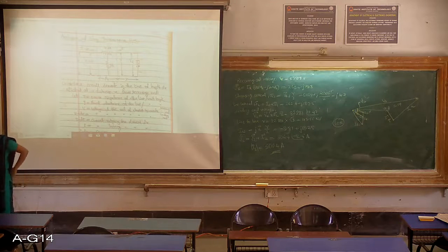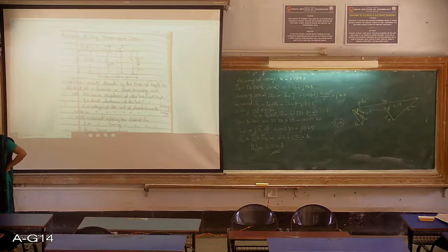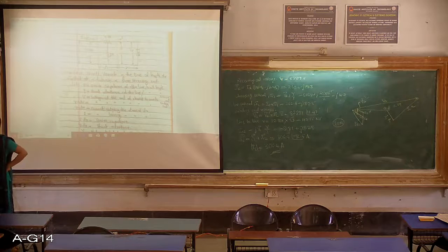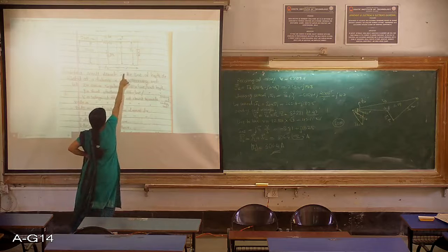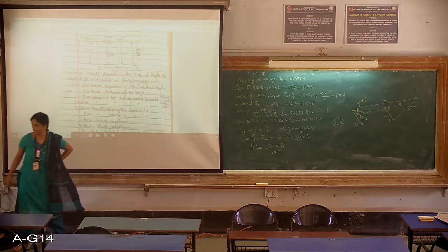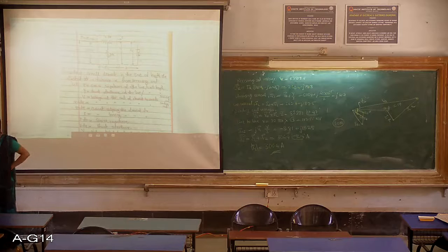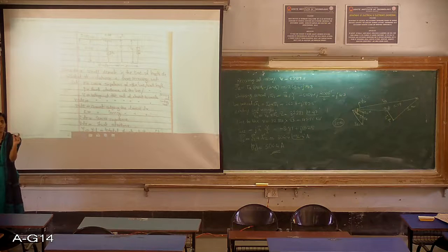So dx is the element under consideration, situated at a distance x from the receiving end. Let z be the series impedance of the line per unit length. Since we have considered a small section, it is per unit length, so I have written lower case z.